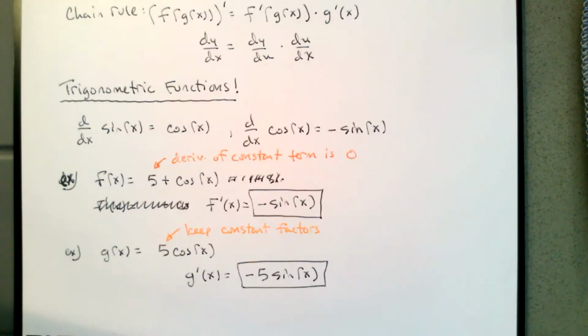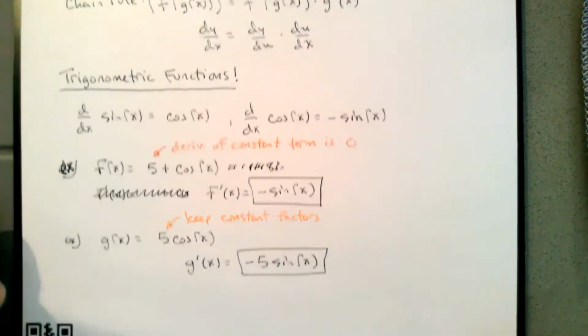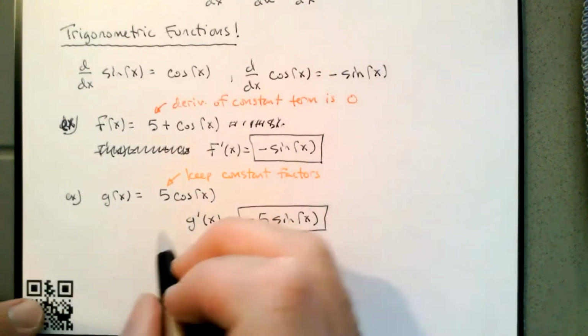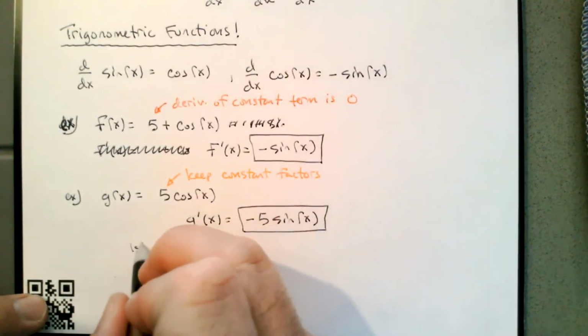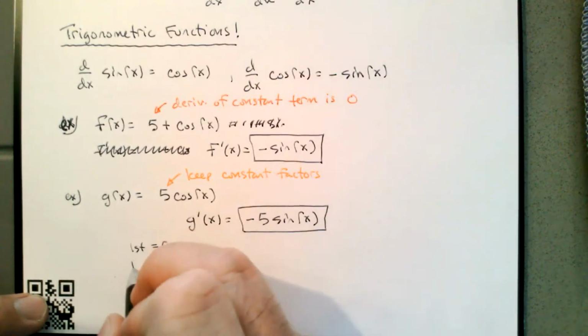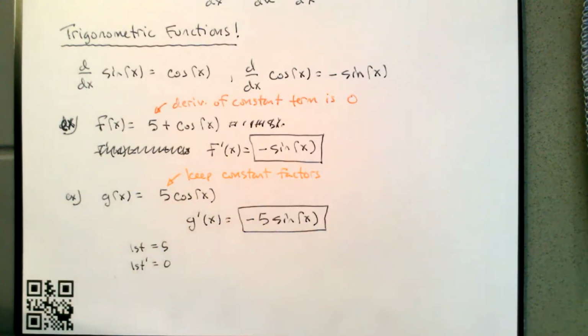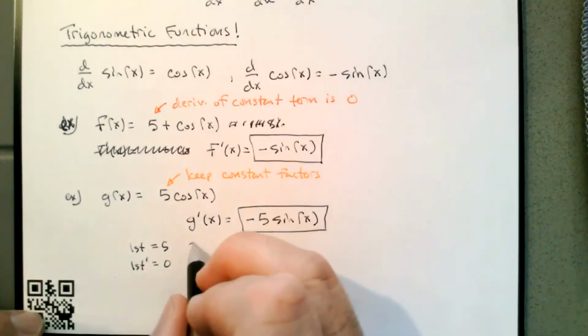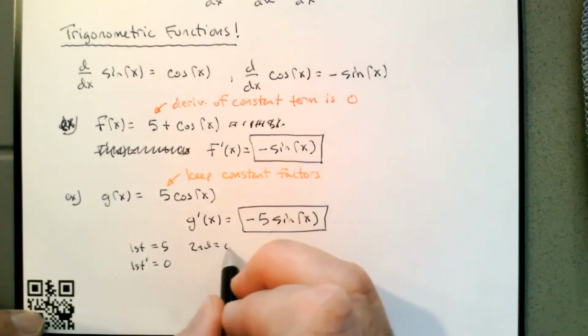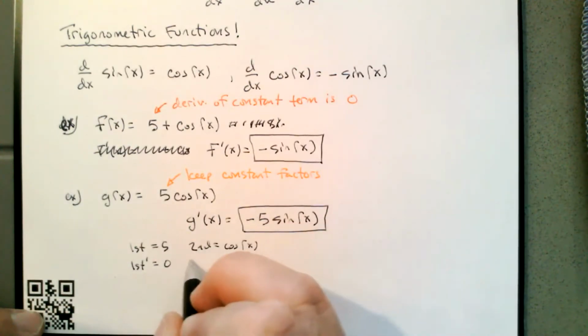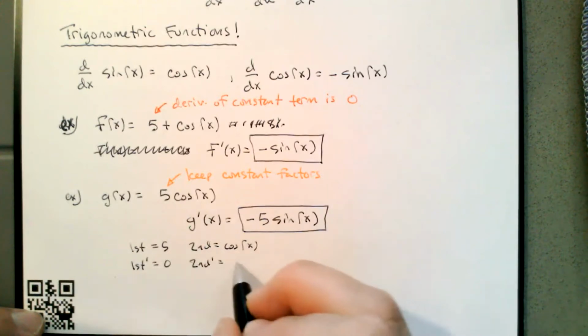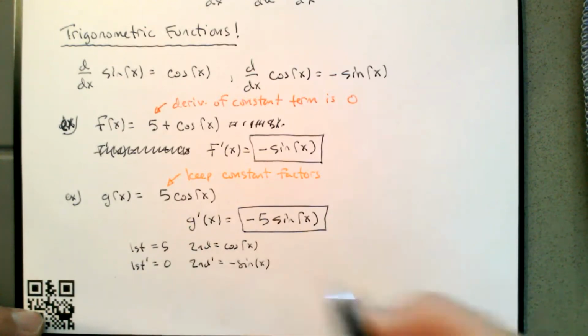So if we use the product rule on 5 cosine x, if I say the first is 5, then the derivative of the first is 0. And that's going to take out that first term. And if the second is cosine x, then the derivative of the second is minus sine x.